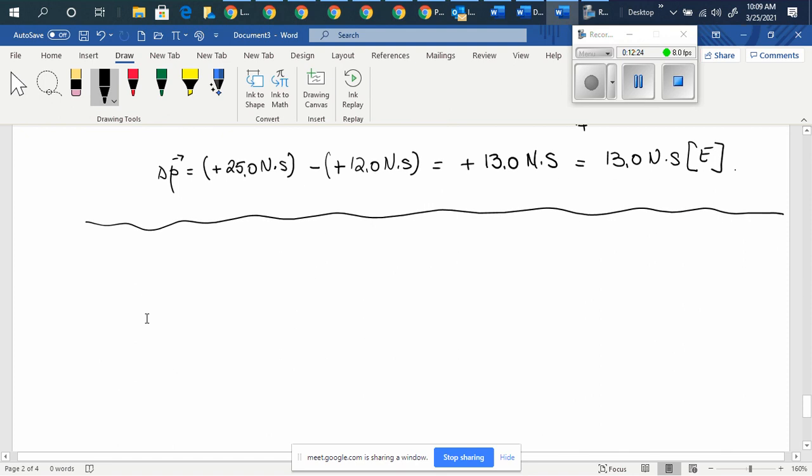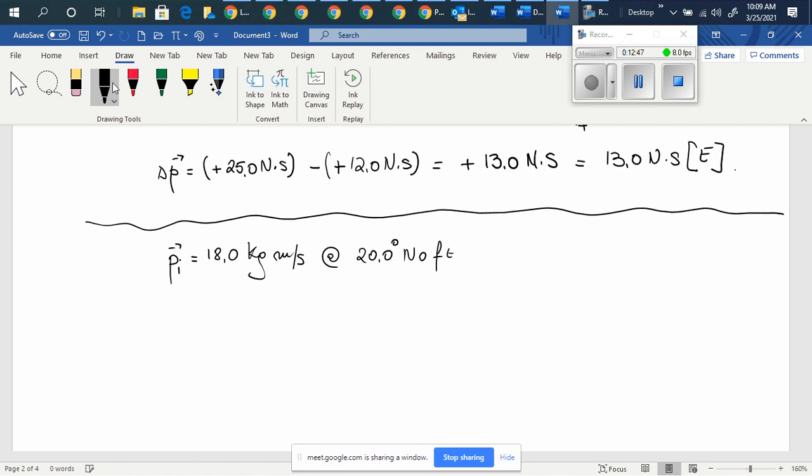Let's suppose that the initial momentum is 18 kilograms meters per second at 20 degrees north of east, and the final momentum is 15 kilograms meters per second at 30 degrees south of east.